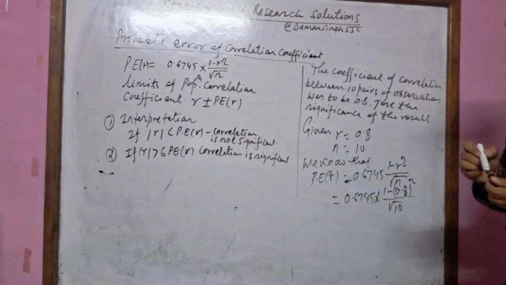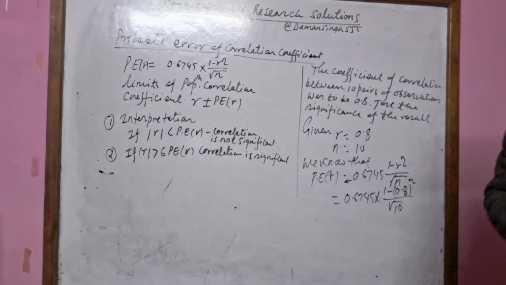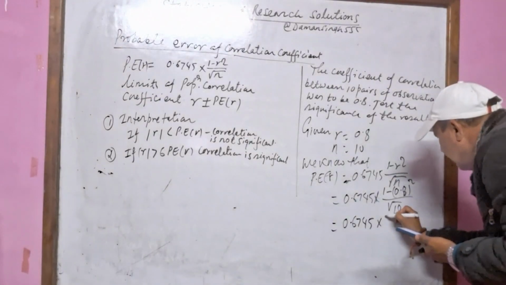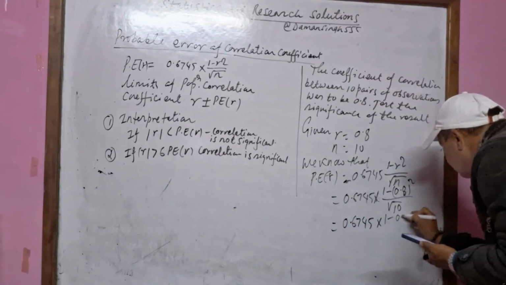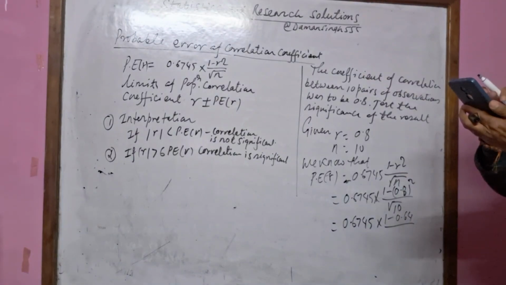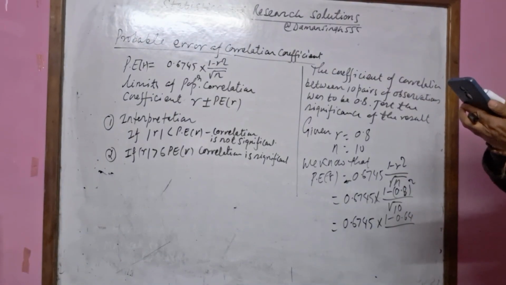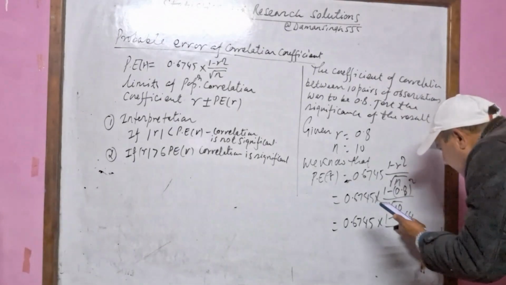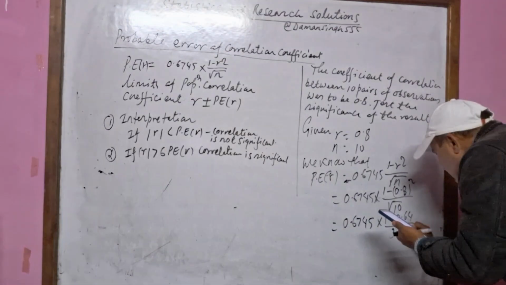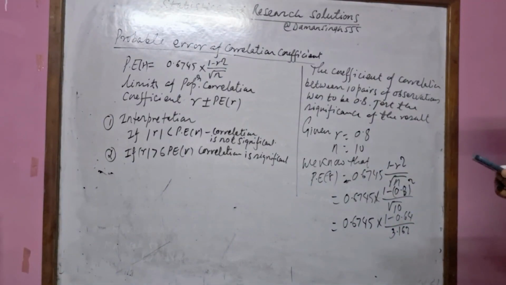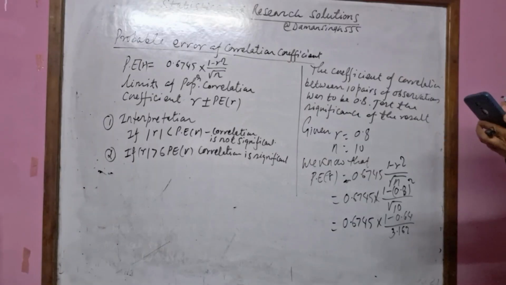Now you simplify this one. 1 minus, this is 0.64, and under root 10 is 3.162.